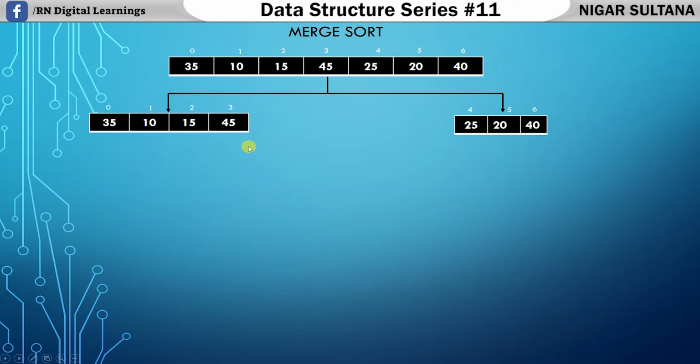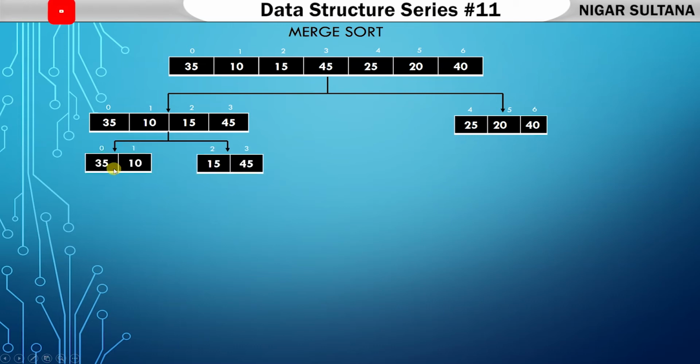Again we divide these subarrays into smaller arrays. 35 and 10 will be in the left part and 15, 45 in the right part. Similarly, the right part 25, 20, 40 is divided into two parts: 25 and 20 in the left part and 40 in the right part.